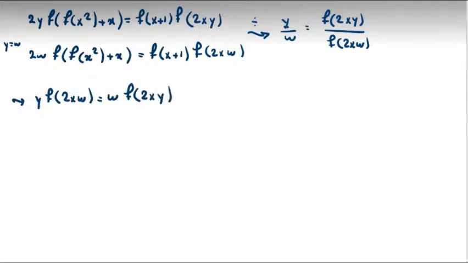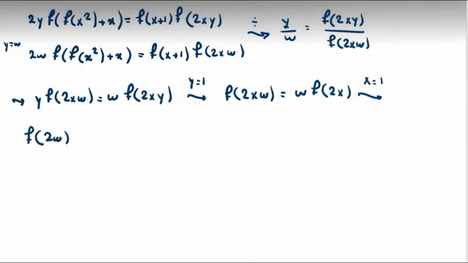And then, if we consider y equal to 1, we reach f of 2xw equal to w f of 2x. We have this, and if we consider also x is 1, then we can conclude f of 2w equal to w f of 2.